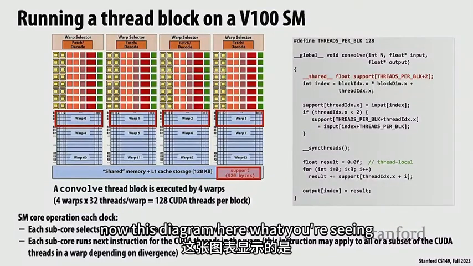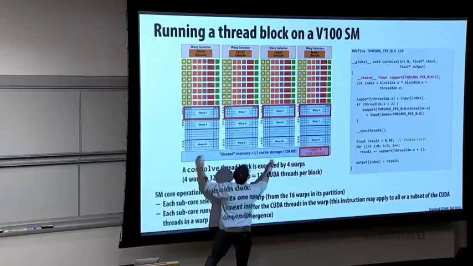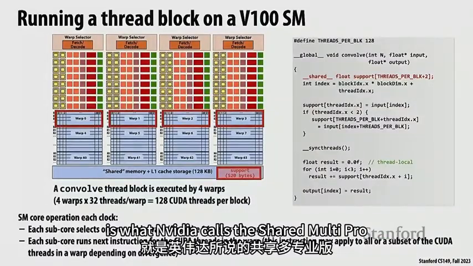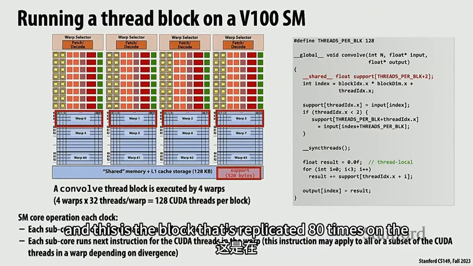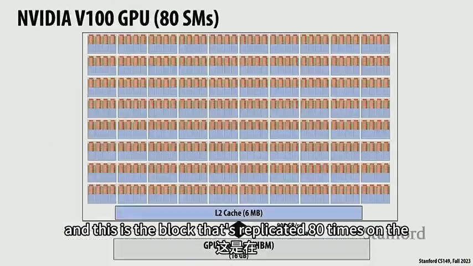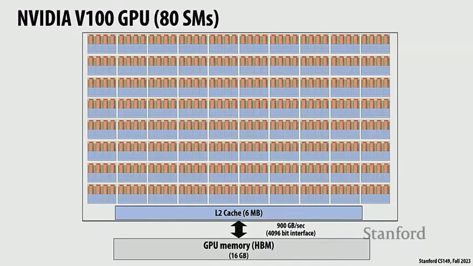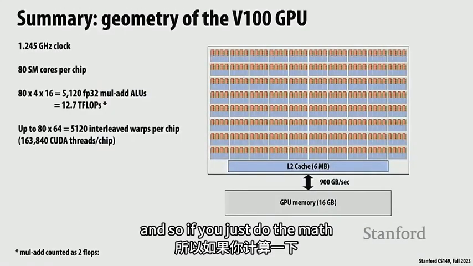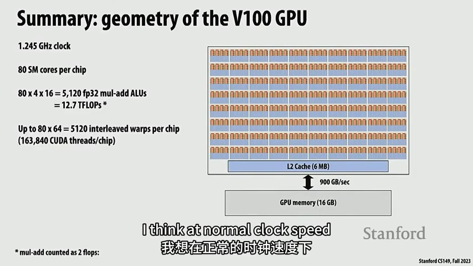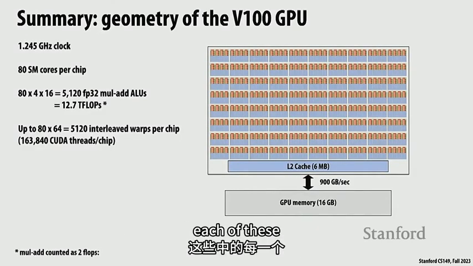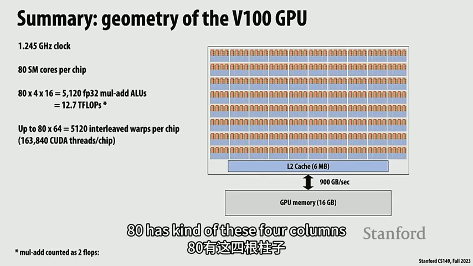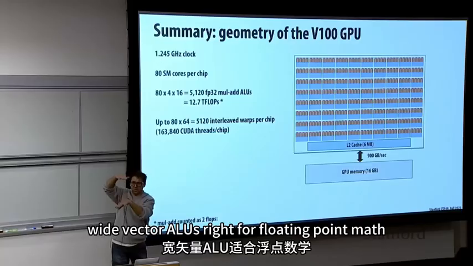Okay. Now this diagram here is what NVIDIA calls the streaming multiprocessor, the SM. And this is the block that's replicated 80 times on the V100. If you just do the math, there's a 1.2 gigahertz clock, I think, at normal clock speed. There's 80 of these things per chip. Each of these 80 has these 4 columns, and those columns have 16 wide vector ALUs for floating point math.